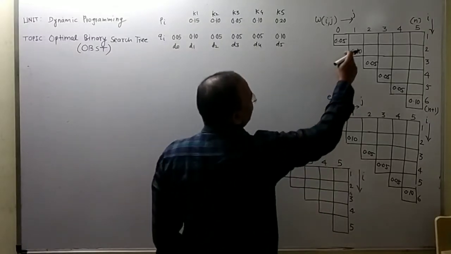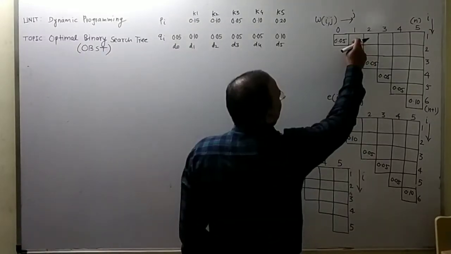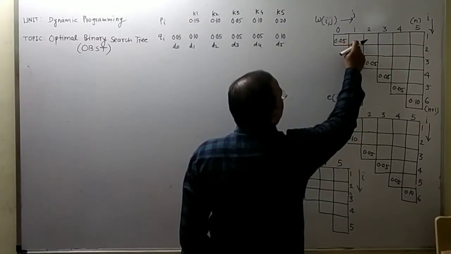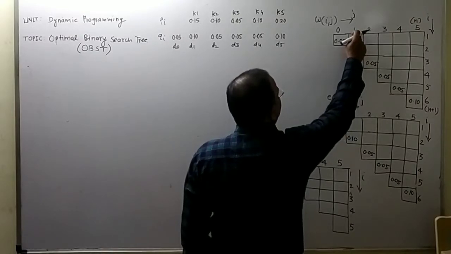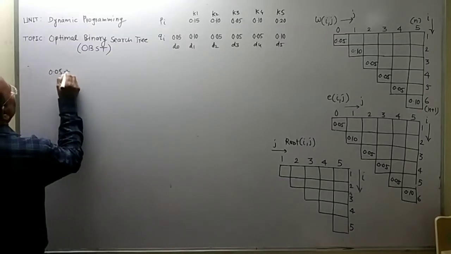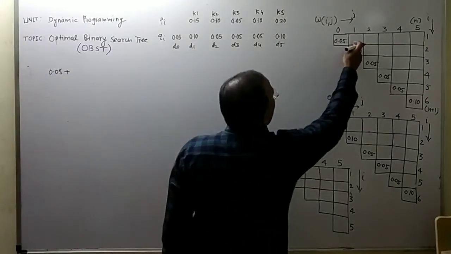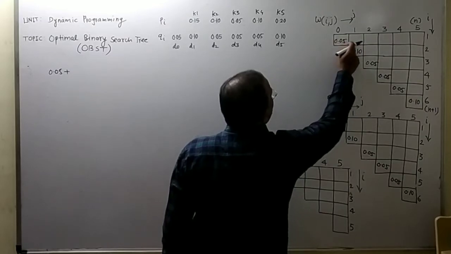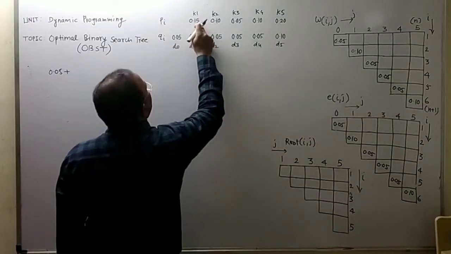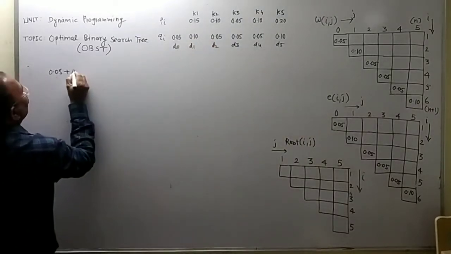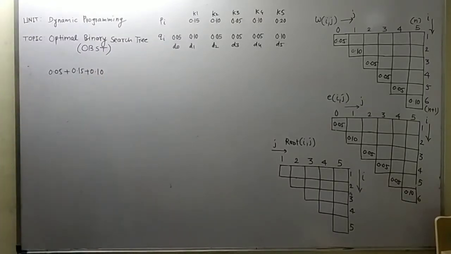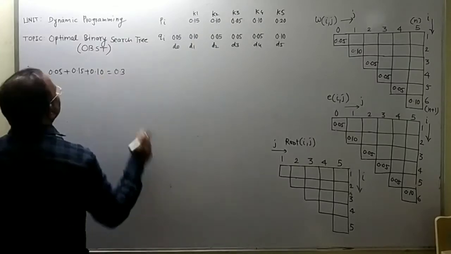So we will fill up the first row. For the value of this cell, we have to add the previous value 0.05 with the probabilities of K1 and D1, that is 0.15 plus 0.10, which is equal to 0.3.